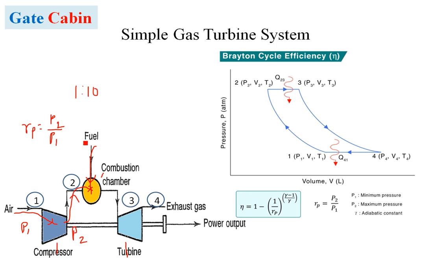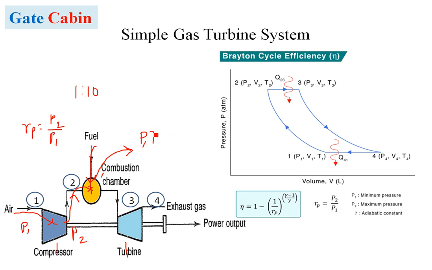Here we are adding a high calorific value fuel, that means a fuel which has a high energy ratio: a small amount of fuel is going to produce a large amount of energy. This fuel is entered into the combustion chamber to increase the temperature. So using these two components, compressor and combustion chamber, first we have increased the pressure and then the temperature.